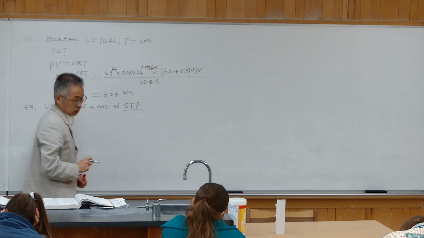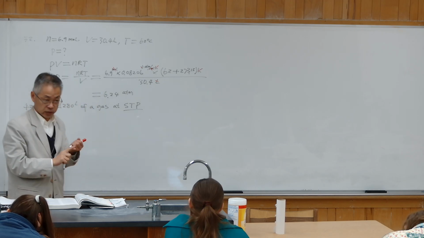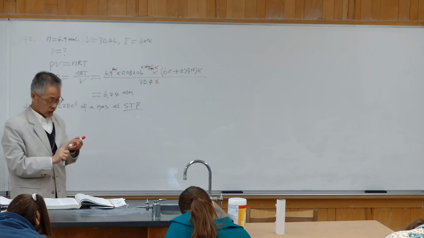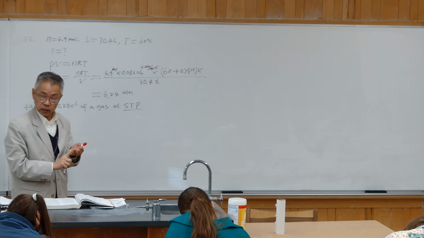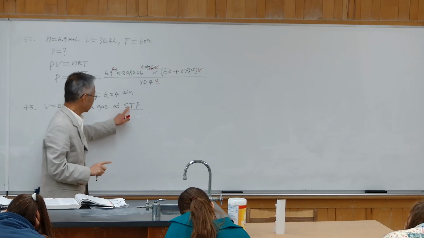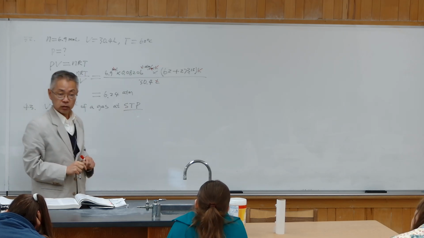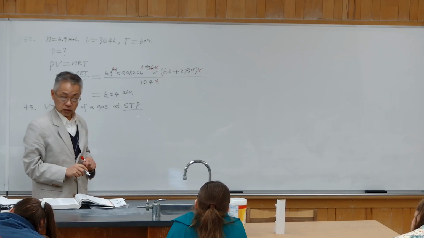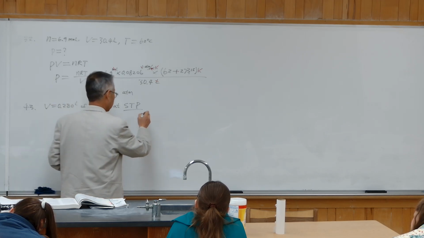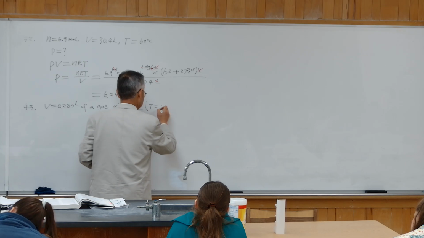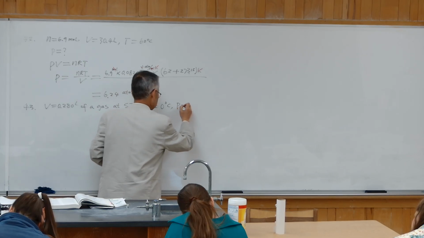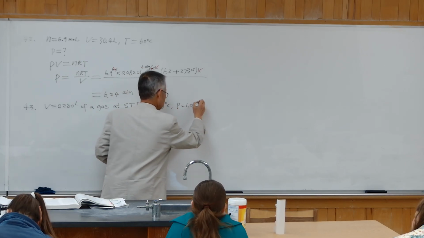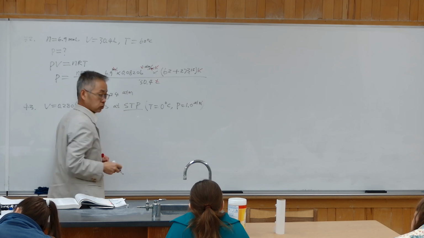What does this mean? This means temperature is 0 degrees Celsius. Pressure is 1 atm. This is standard temperature and pressure. So this actually tells you the temperature 0 degrees Celsius, pressure 1 atm. Temperature, pressure, both are known values.